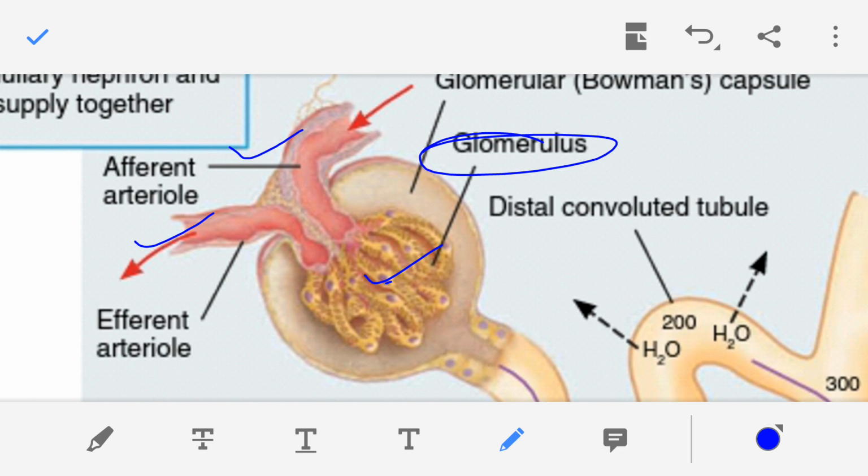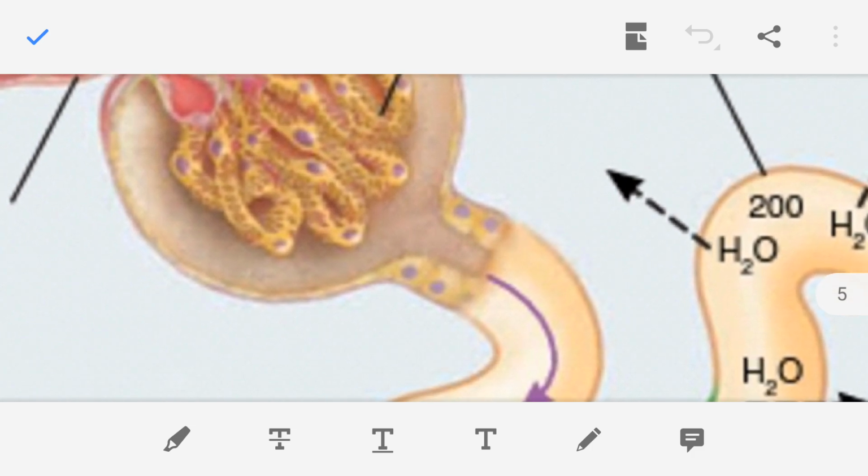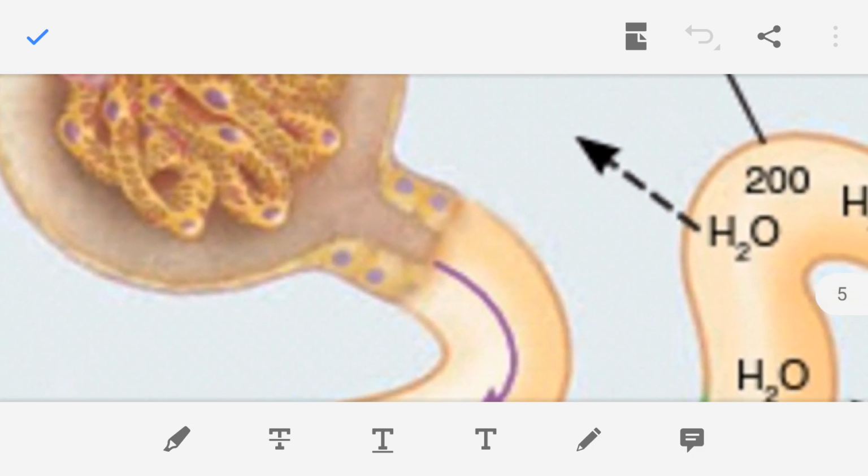As the glomerular capillaries have a very small diameter, they are very thin, so the blood pressure is very high, and due to this high blood pressure some components come out from the blood.